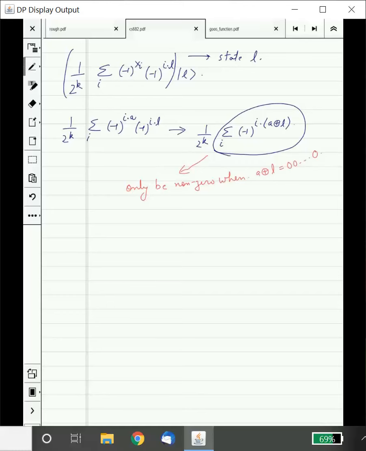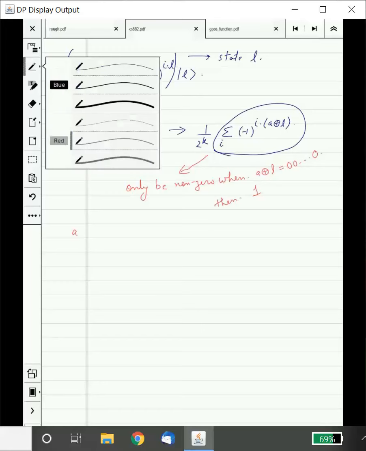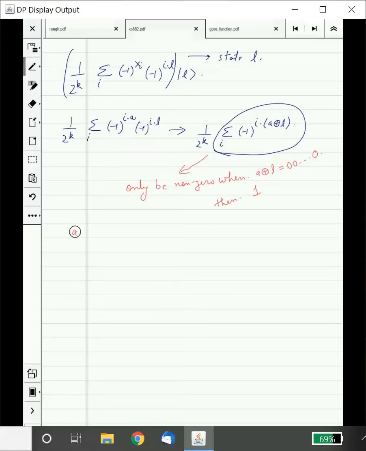If A XOR L is all 0, then you will always get a phase of 1, and then this thing will become 1. Otherwise, half of them will be -1, half of them will be 1, and this will cancel out. This is the property of Hadamard mode. And A plus L being 0 is the same as A is equal to L.